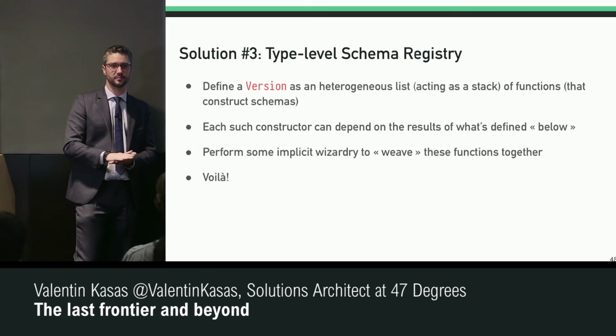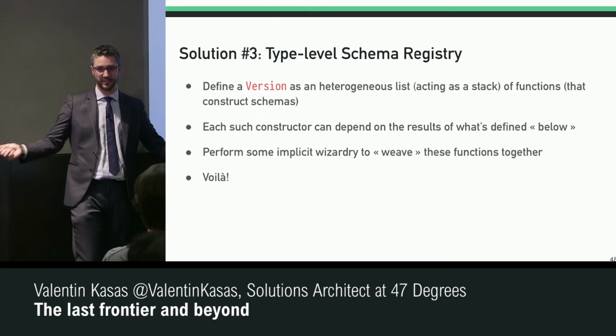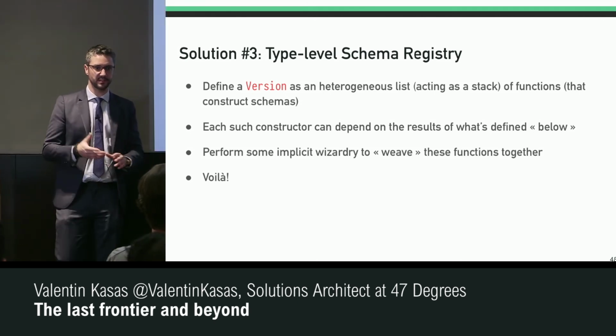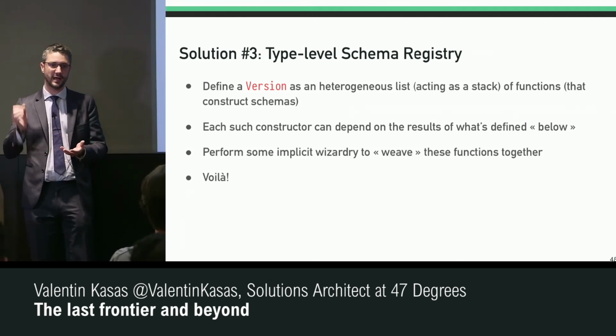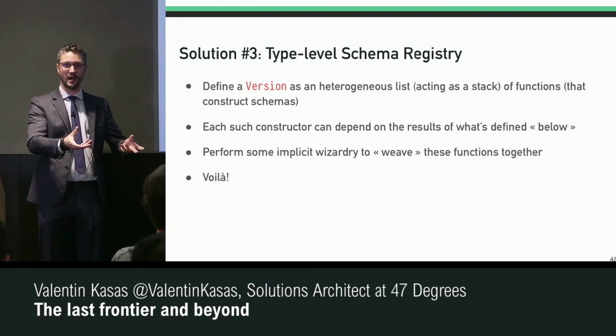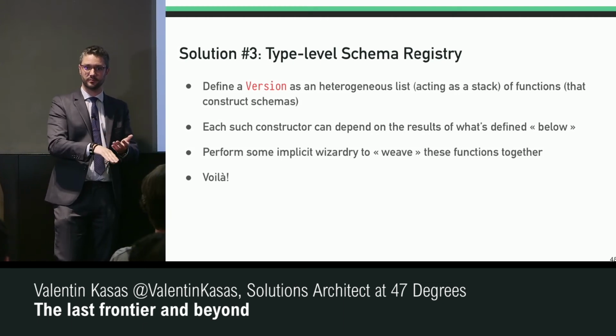At the bottom, you put the simplest types, those that don't depend on any other one. And we have an implicit machinery that allows you to add something on the stack, a function on the stack that takes arguments, as long as these arguments are already present below on the stack.